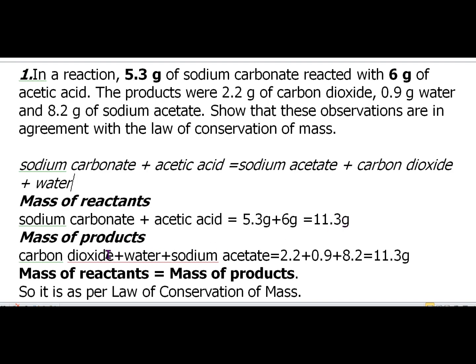Mass of the products after the chemical reaction: carbon dioxide, water and sodium acetate, 2.2 grams, 0.9 grams, 8.2 grams, which is equal to 11.3 grams. Mass of the reactants and mass of the products are the same, so it is as per the law of conservation of mass.